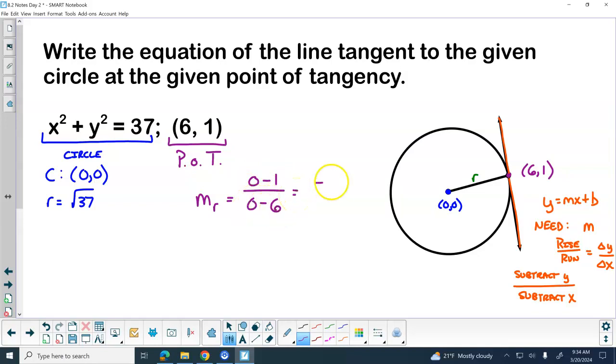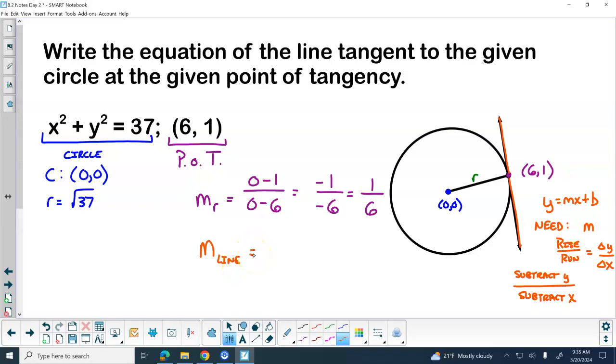So that's going to be negative 1 over negative 6, or positive 1/6. Would you agree with that as the slope of the radius?